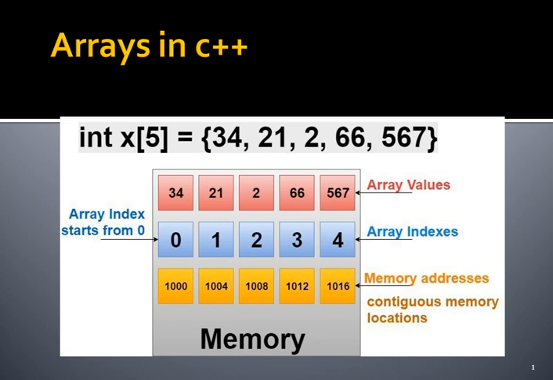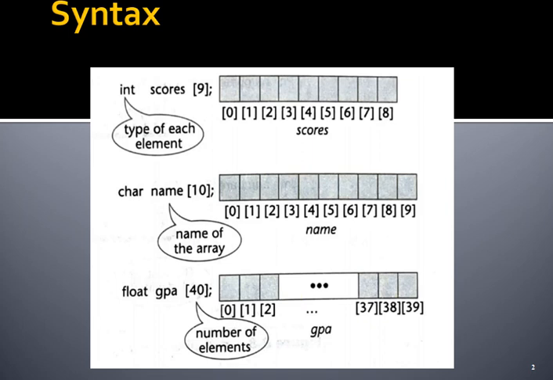These 5 variables are stored in continuous locations. If 1000 is the location of the first element, then 1004 is the memory location of the second element, and so on. Depending on the data type used, every element of the array is located in memory according to the size of its data type.